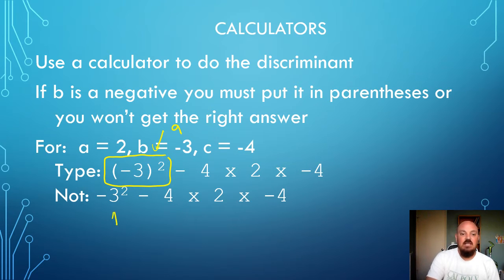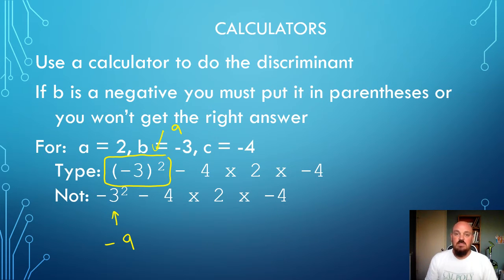If I type it like this, it won't. If I type it like this, it'll come out as negative 9. Because remember, calculators are programmed to do order of operations, just like we do when we do problems, and exponents come first. So if you type negative 3 squared with no parentheses, the calculator says, okay, let's square the 3. 3 times 3 is 9. And then let's make it negative, and you get negative 9.